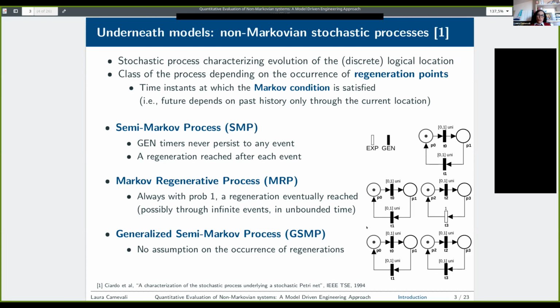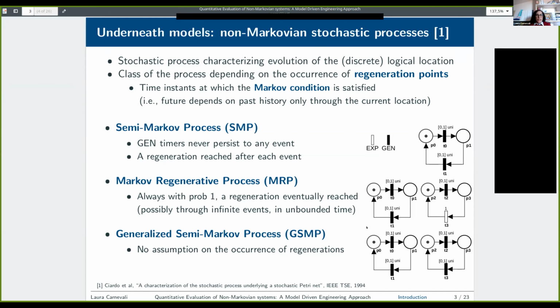So a regeneration point is a time instant at which the Markov condition is satisfied. And so the future evolution of the system depends on the past only through the current location, or only through the current discrete logical location. So depending on the occurrence of these regeneration points, we can have different classes of non-Markovian stochastic process.